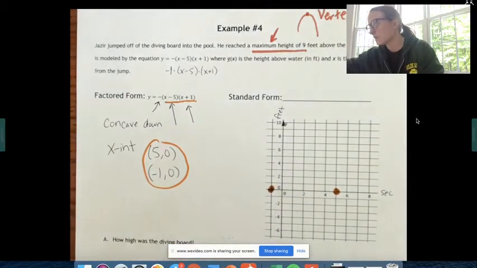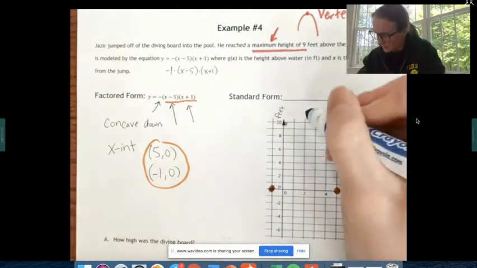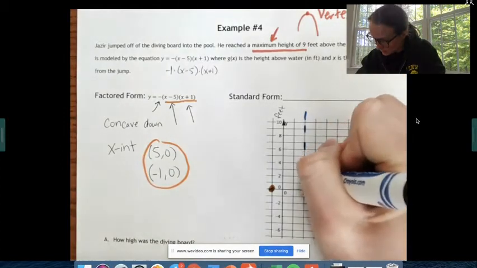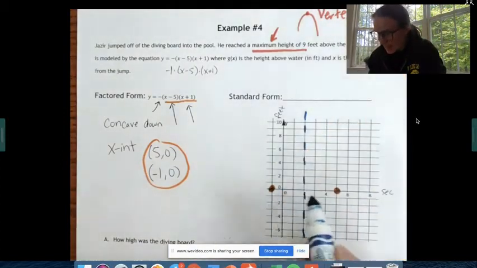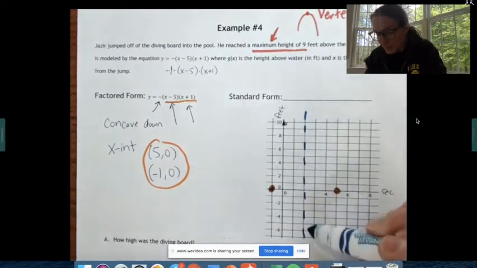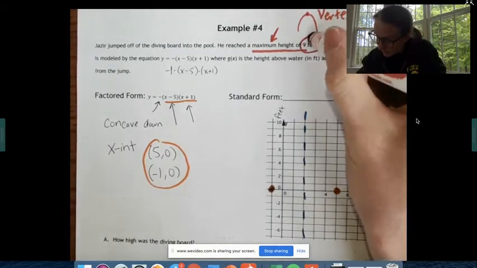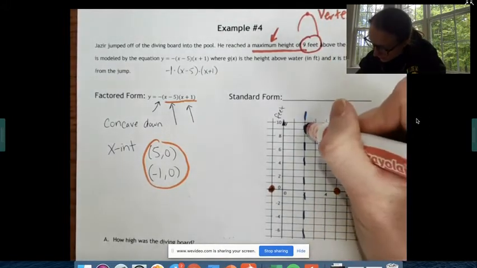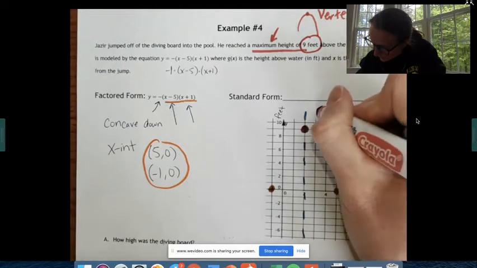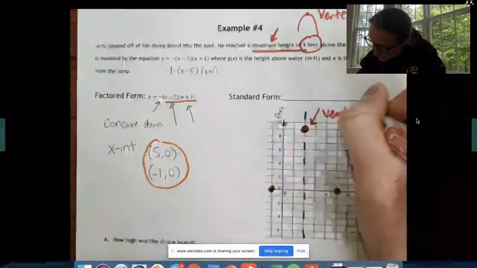I know that that's where my axis of symmetry is going to be, because that's halfway between. So the vertex has to be halfway between, and we know that that maximum height is at 9 feet. So I'm going to go halfway and then go up to 9 feet. So there's going to be my vertex.